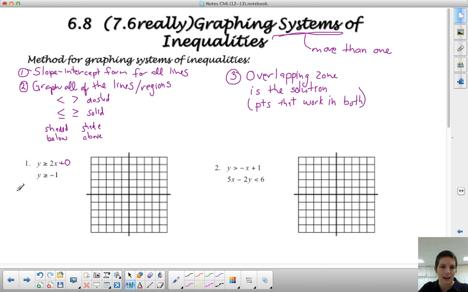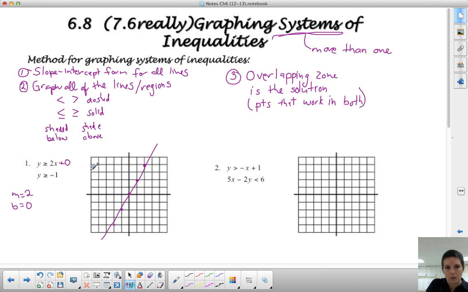In that first line, the slope is 2, and the y-intercept is 0. So let's graph that line. It has an equal to, so we would have a solid line.